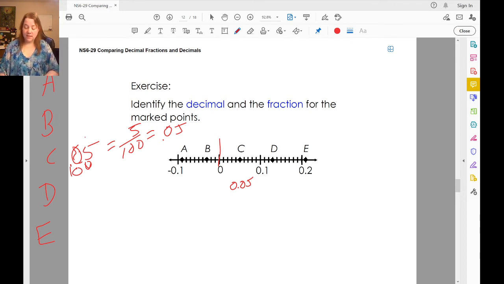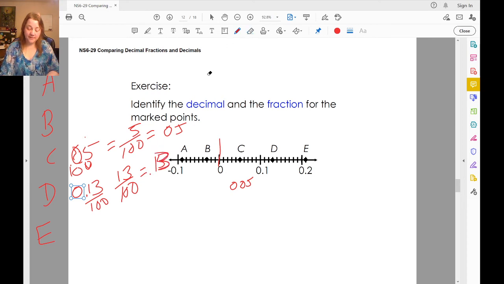Let's take a look at letter D. 0.1, 0.11, 0.12, 0.13. Yep, so what this actually would be is 0.1, 0.11, 0.12, 0.13, or 13/100 when we use hot summer day.